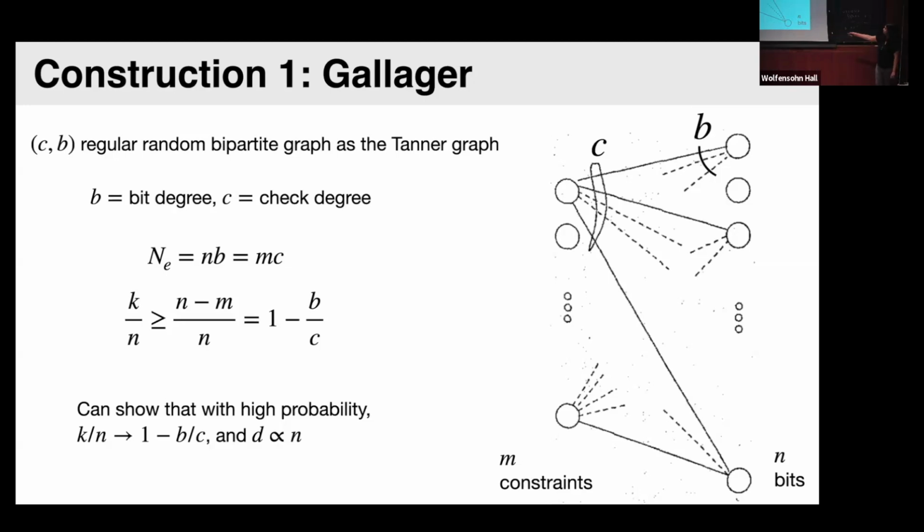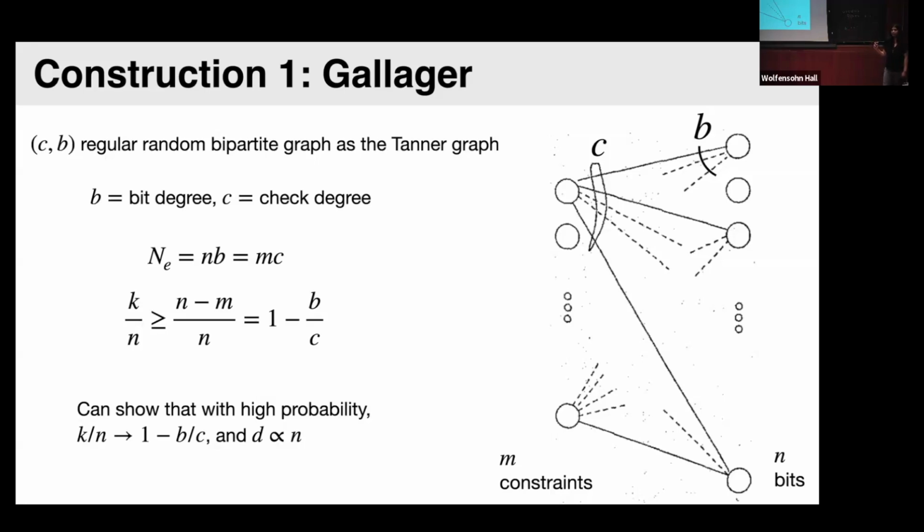In fact, if you pick these graphs randomly, you can show that with very high probability all your checks are going to be independent, or there are at most order 1 dependencies. So the rate approaches this target rate, and your distance is going to be proportional to n. I haven't proved for you that this is an expander code and the distance is proportional to n, but that's what you can do with this Gallagher construction. Any questions?